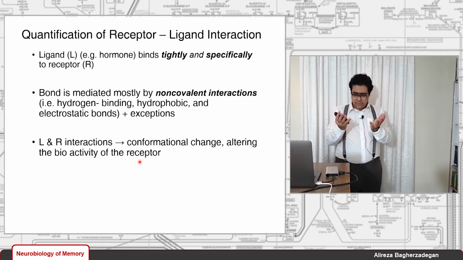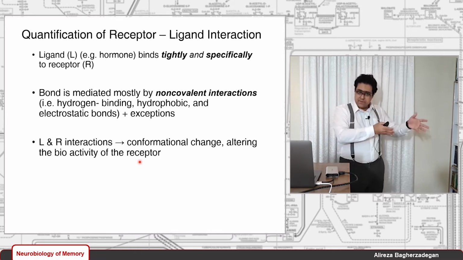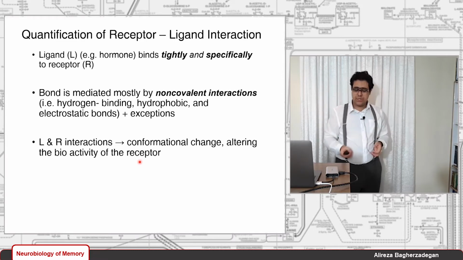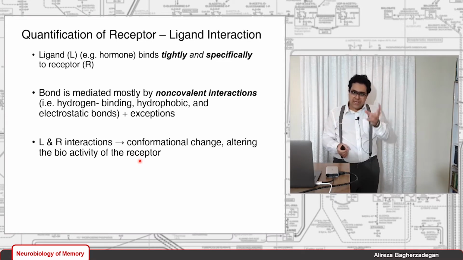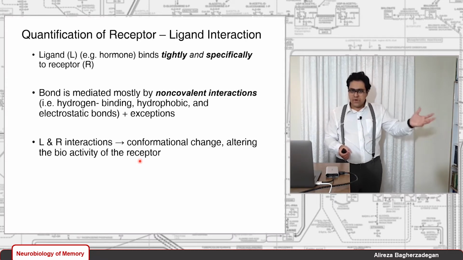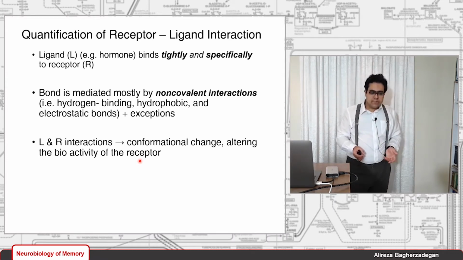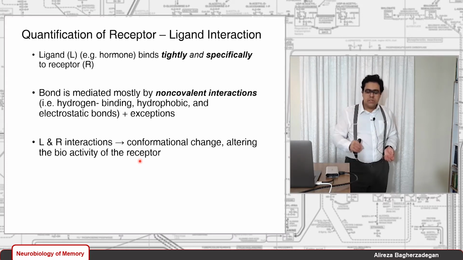When the structure of a receptor changes, its bioactivity or its function also changes, and that's how a ligand activates a receptor by changing its conformation, and in turn changing the bioactivity or the function of the receptor.